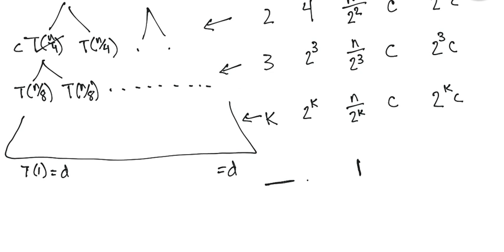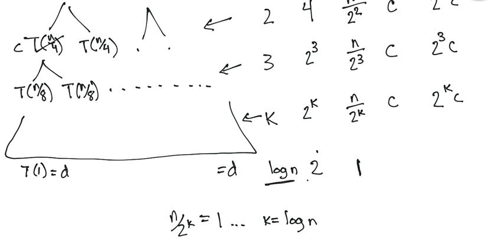And we can figure this out by solving for k when n over 2 to the k is equal to 1. So we have n over 2 to the k equals 1. And so what level k is that? Well, it's not hard to see that that's just k equals log of n, where the log is base 2. So let's just use that, log of n.